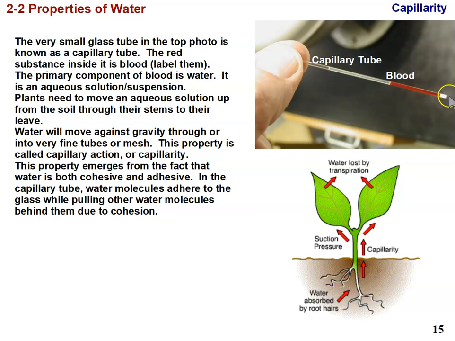They're cohesive to the water molecules behind them, and pulling the water molecules behind them as they move up into the tube, as they stick to the inside of the tube. So both those properties together are what lead to capillary action, or give water the property of capillarity.